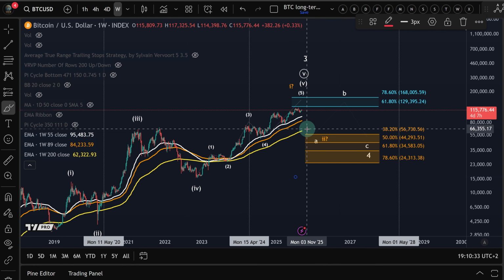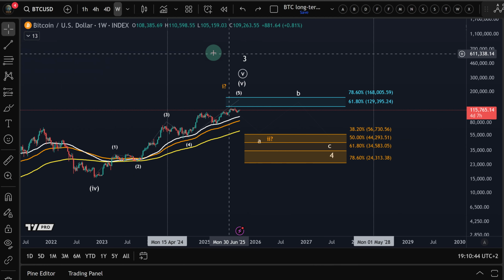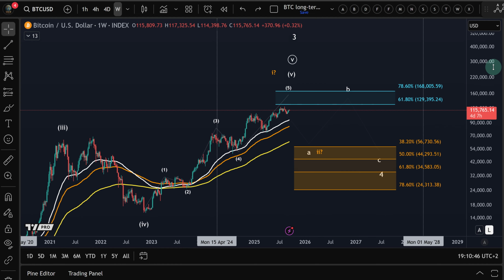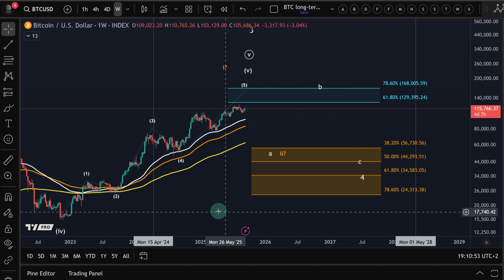By the way, there is actually an indicator, the 200-week moving average heat map. You might know about it. It's not so relevant right now, but it is a long-term indicator for Bitcoin. Basically, the further away we get from that 200-week moving average, the more overheated the market is.